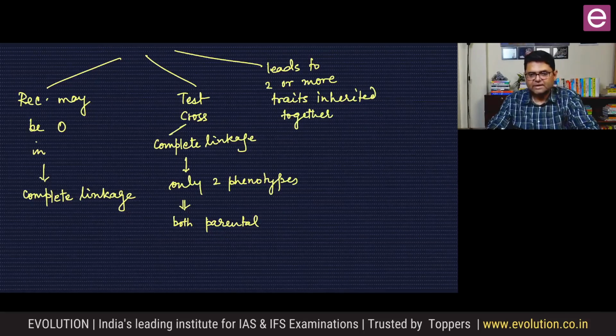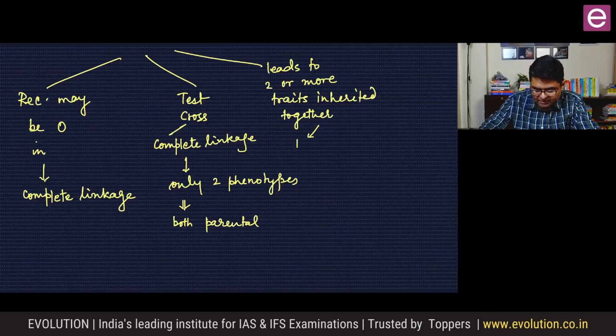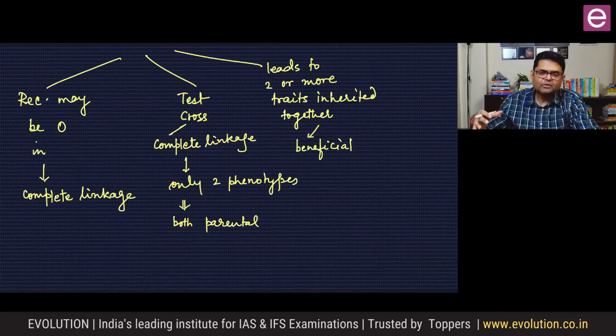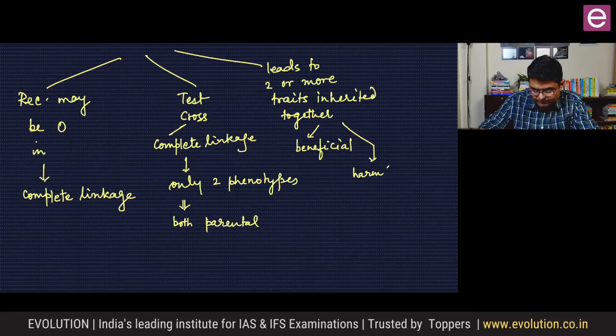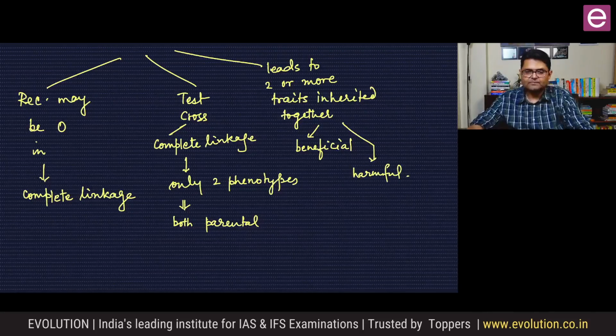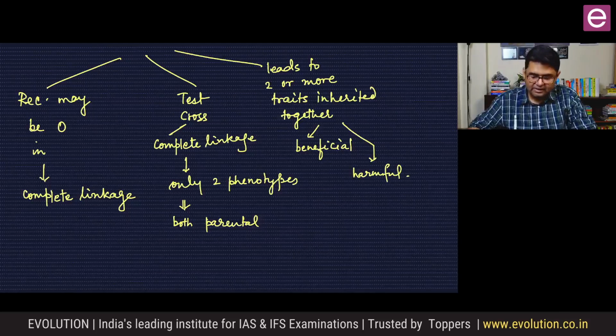together, right? So these traits can be pretty beneficial traits some of the times, and that ways it is helpful in crop improvement program, cattle improvement program, and sometimes the very same thing can be harmful. Do I give you a very interesting example?